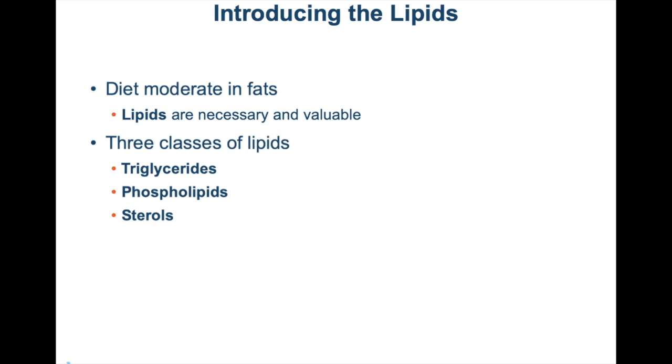The AMDR advises us that 20 to 35% of total calories should be from dietary fats. And as I've already mentioned, there are three classes of lipids, namely triglycerides, which can often be abbreviated as TAG, phospholipids, and sterols. These categories are categorized based on structure and the components within the structure.